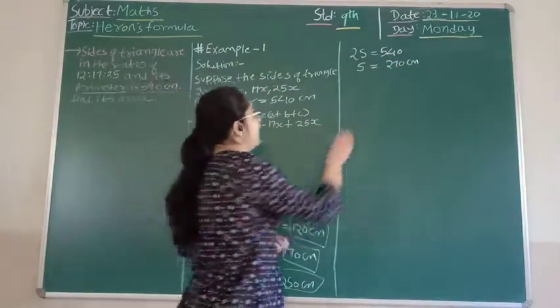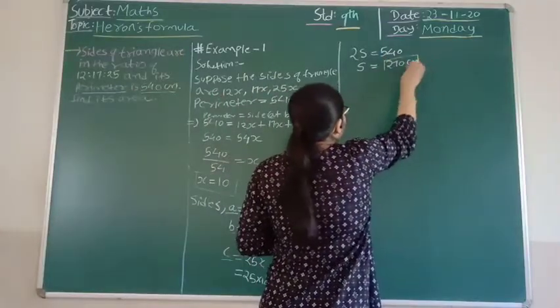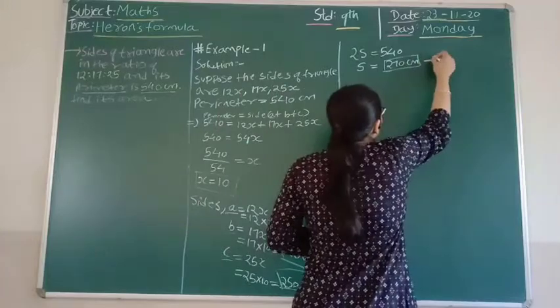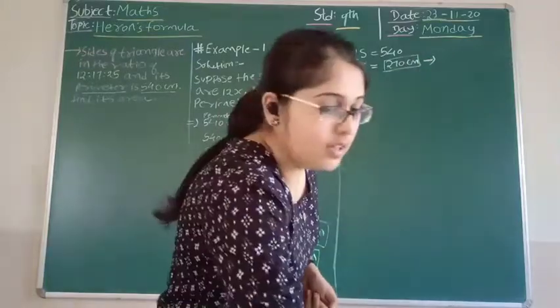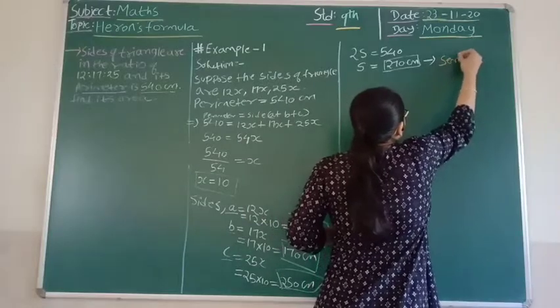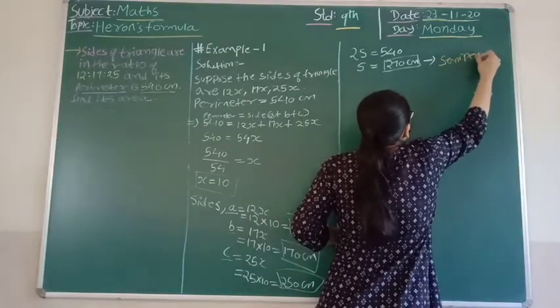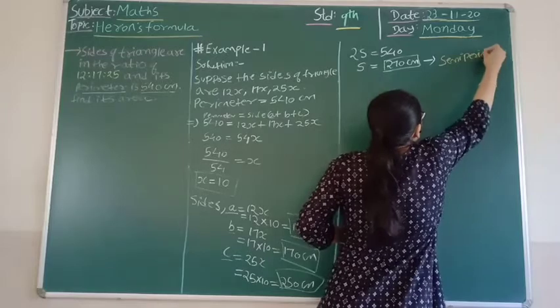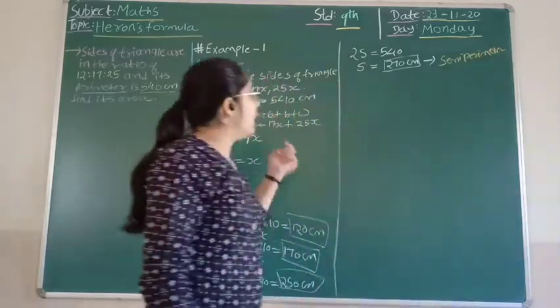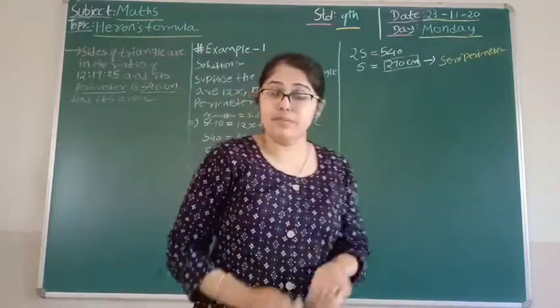So we can say the semi-perimeter s is equal to 270 centimeter.